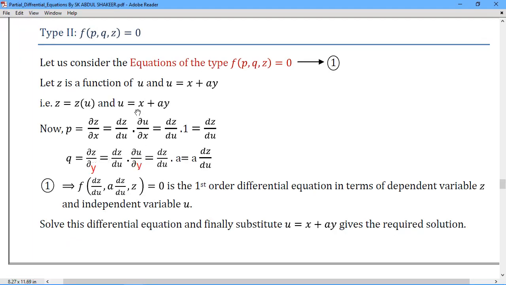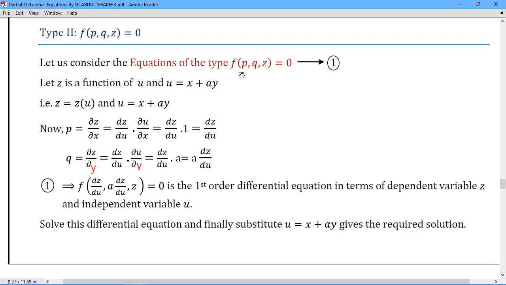But dou u by dou y, that is differentiating u partially with respect to y, we will get a, because the x derivative is 0, and the ay derivative is a. Thus we will have q value is a dz by du. Don't forget these values. p is dz by du and q is a into dz by du.